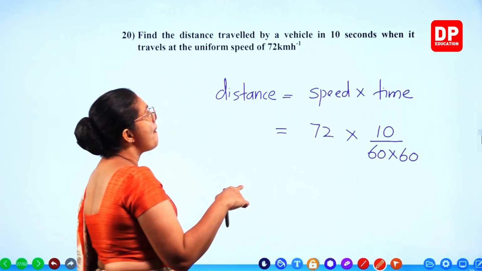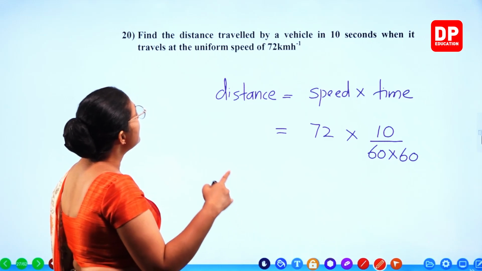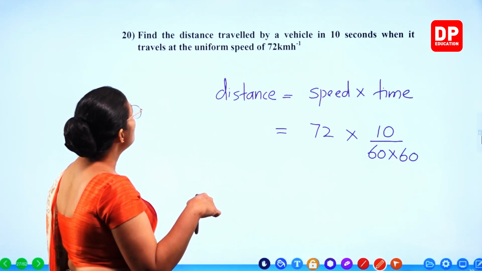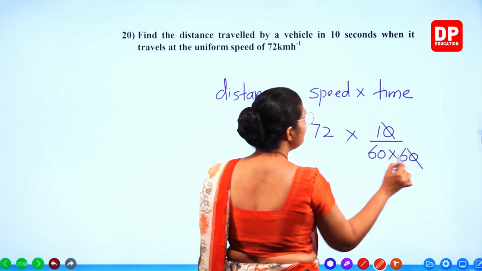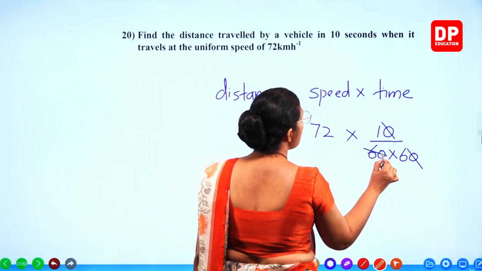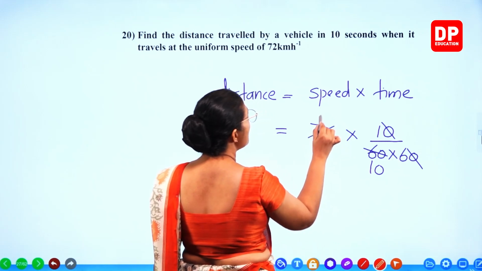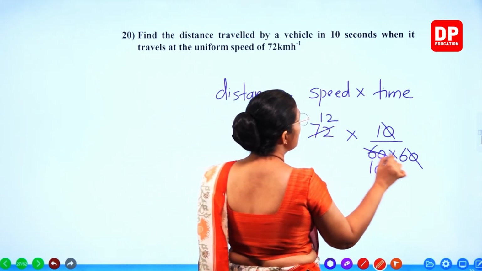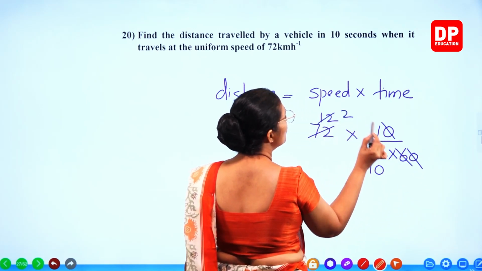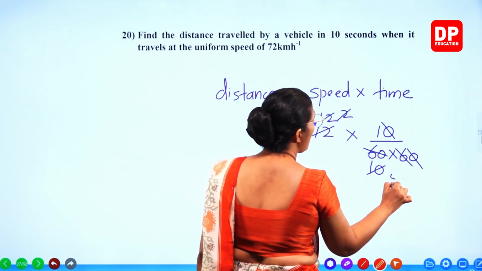Convert to minutes and then again convert to hours. Now simplify. 6 times 10, 6 times 1, so 12. Then 6 times 2, this one with 5.